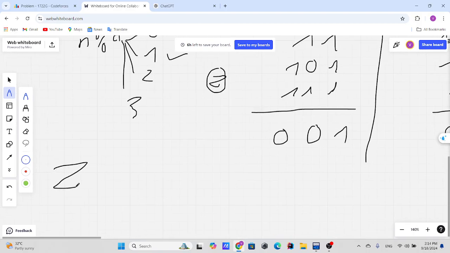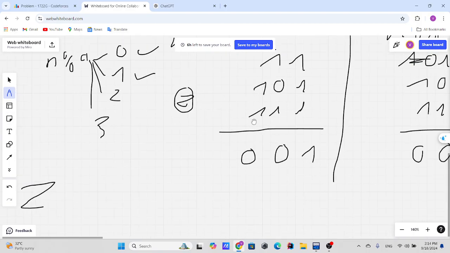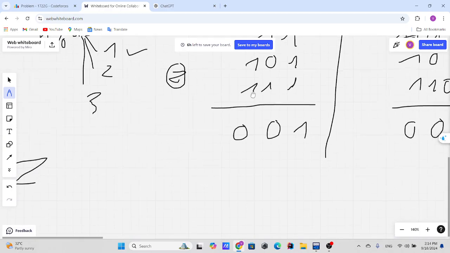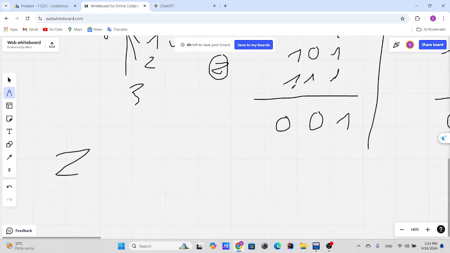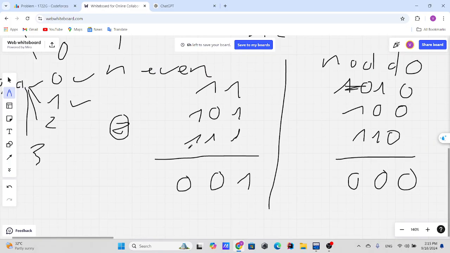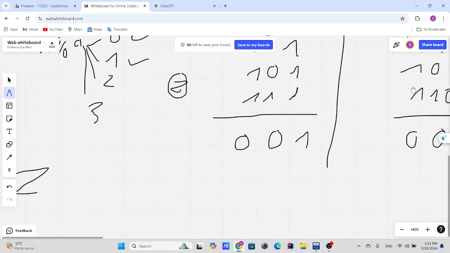If we have 2 numbers, how can we make it equal? This is tricky, guys. This is tricky as hell. It should definitely be both in the even or both in the odd sequence. But how?